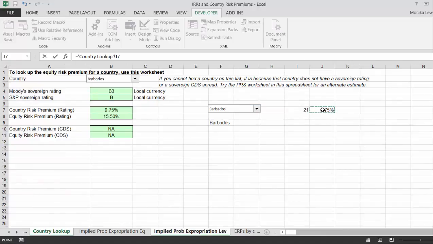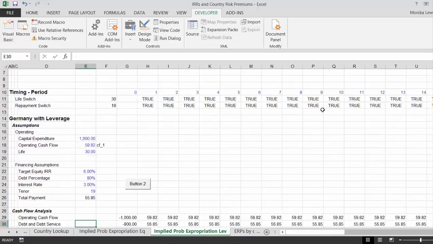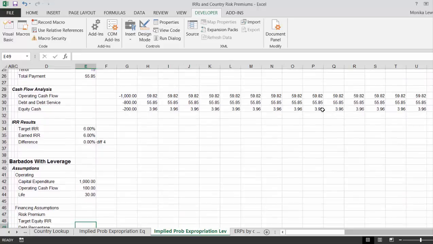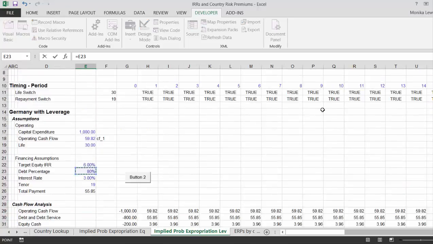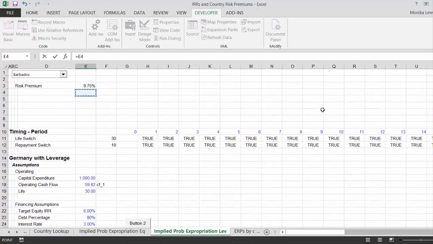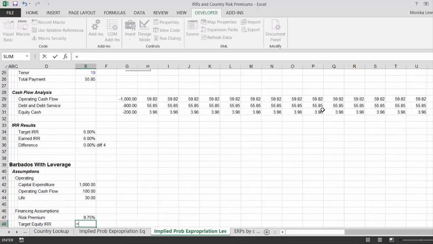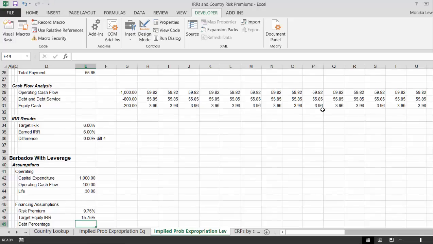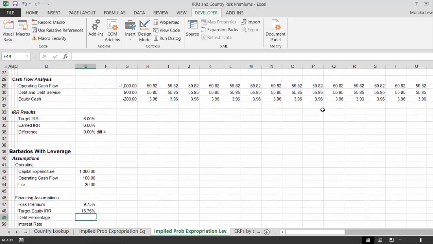So we put that here, and we'll just get our risk premium. And then we can put our total target IRR as the target IRR from the original plus this.